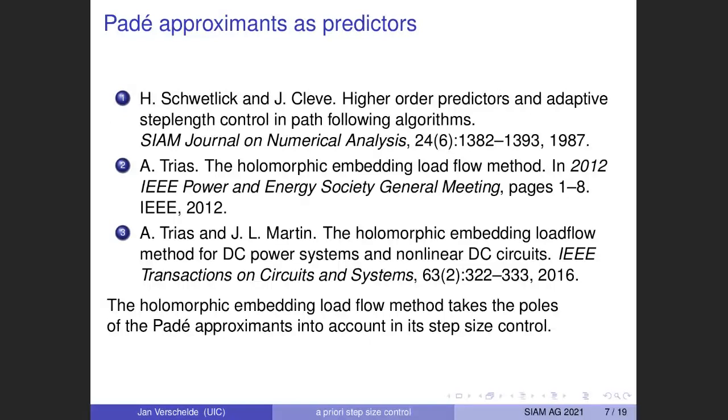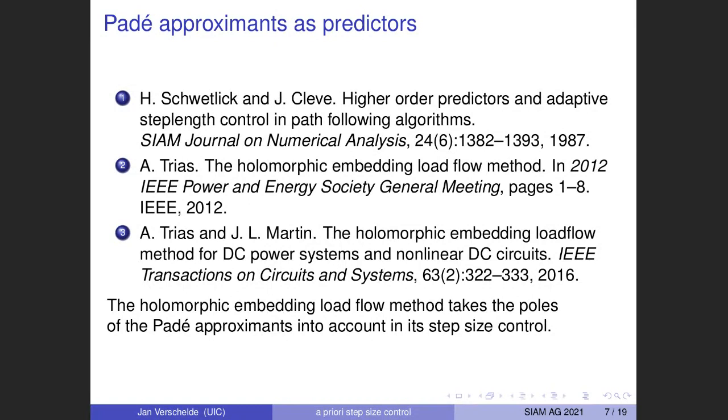I actually learned about Padé approximations by reading papers in symbolic path tracking, but Padé approximants have been used as predictors for more than 30 years already. The first reference here mentions it. Of more recent nature is the consideration of the poles of the Padé approximants.